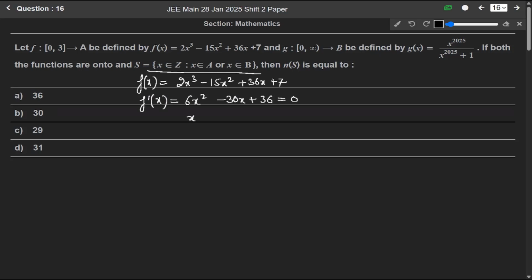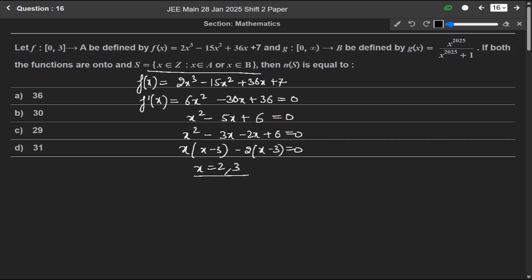Okay, so it will be x square minus 5x plus 6 equals 0. So when we factorize it, we get x square minus 3x minus 2x plus 6 equals 0. So it will be (x minus 2)(x minus 3), means x equals 2 and x equals 3 are its roots.